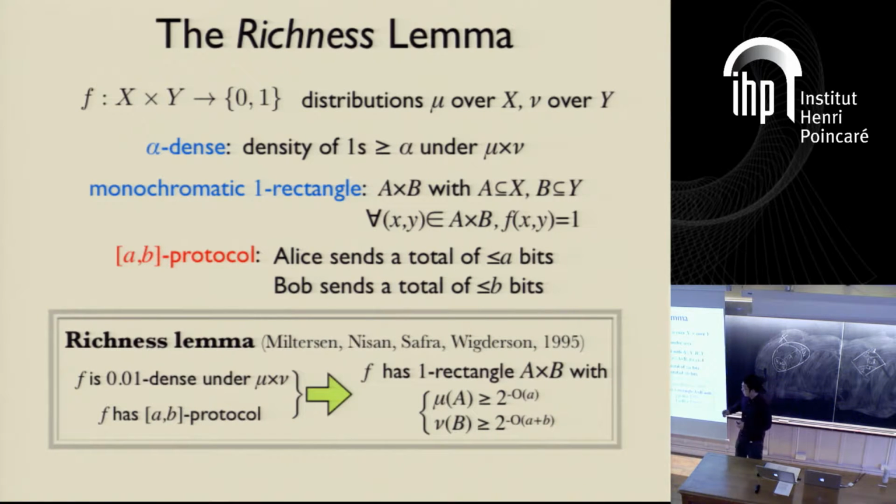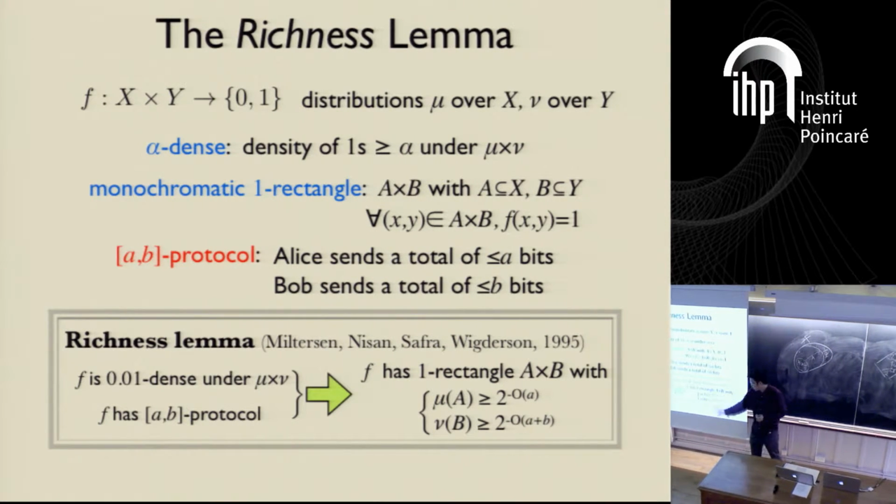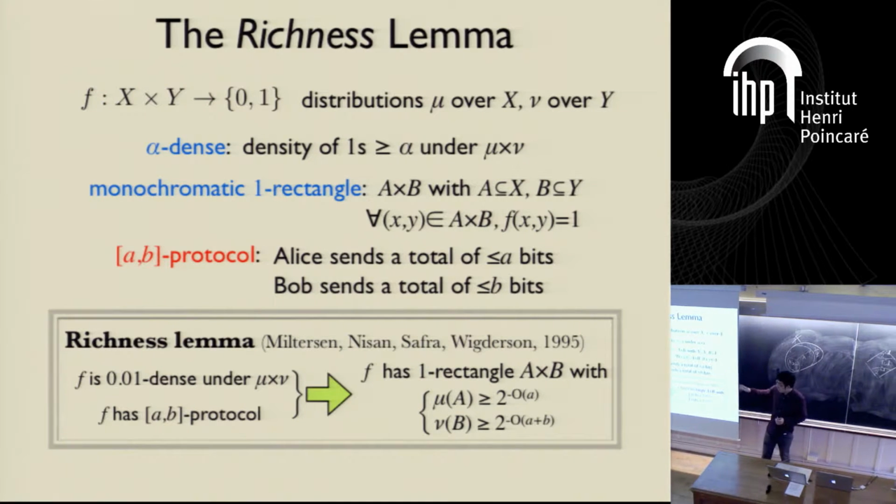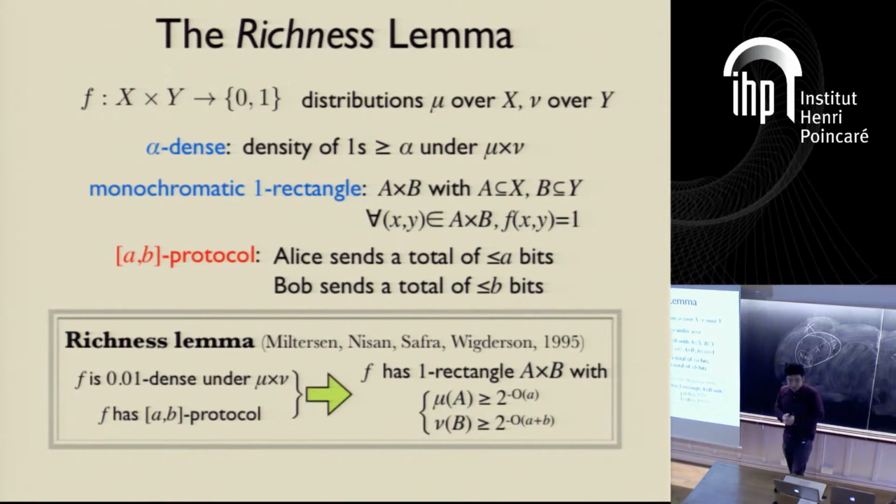So it basically says if your decision problem, as a Boolean matrix, is dense enough in ones, and it also has an easy communication protocol, then it has large enough monochromatic rectangles consisting of only one entries. Here, the density as well as the size of the rectangle is measured by this general product distribution.